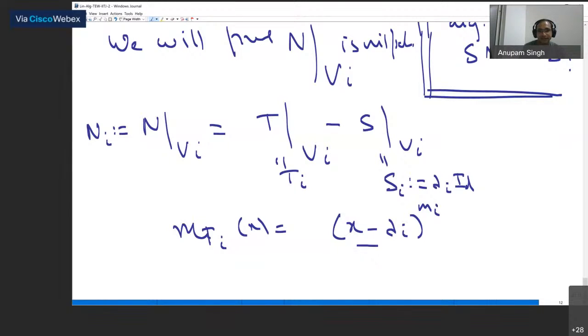But this Ti minus lambda i is exactly what is supposed to be N, right? This is Ni. So this will imply basically that Ni to the power mi is 0, the same mi in fact. It could be lower also, but certainly this Ni will work. And this gives Ni is nilpotent.